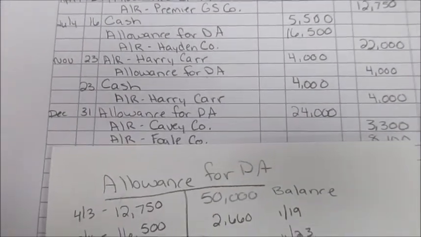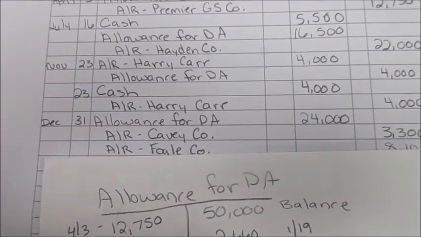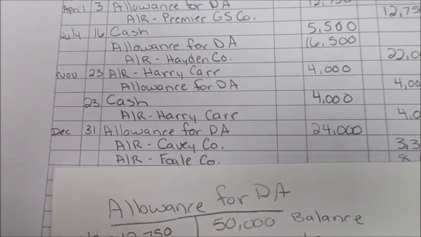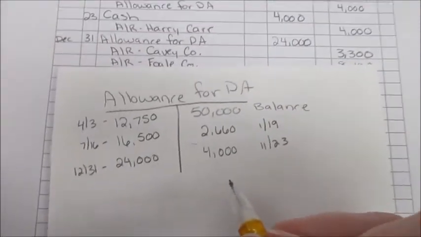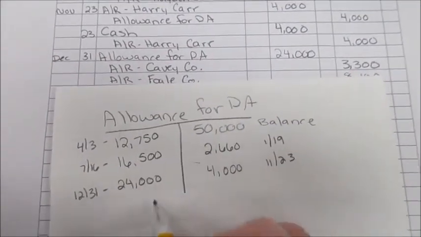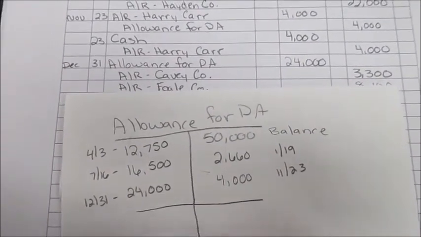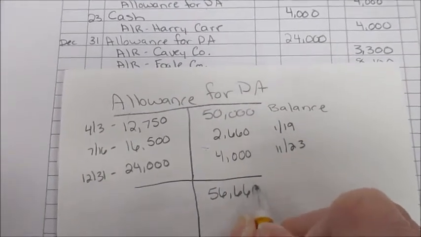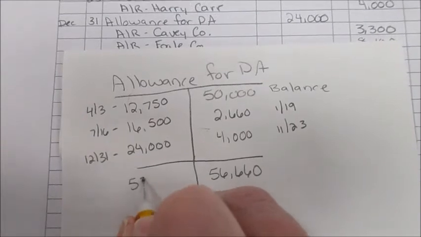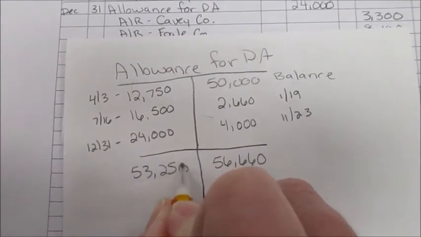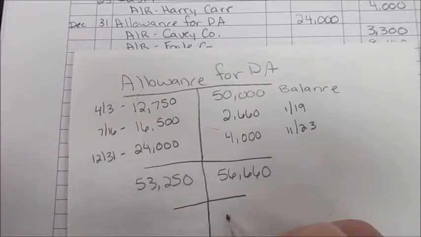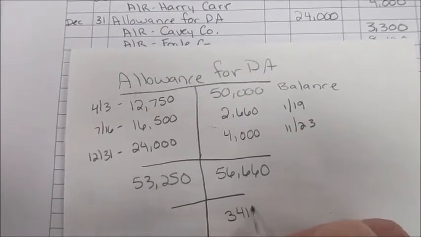And then December 31st was a debit for $24,000. Okay. So now we're going to add up both sides. Make my T a little longer. And I get 56,660 and 53,250. And if I subtract these out, I get a final credit balance of 3,410.